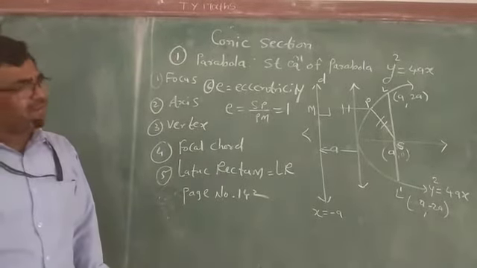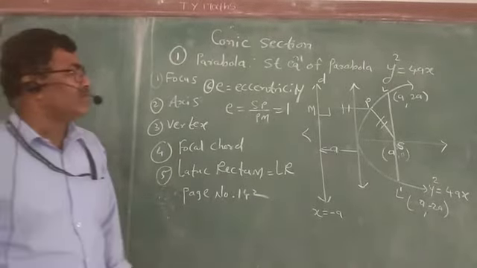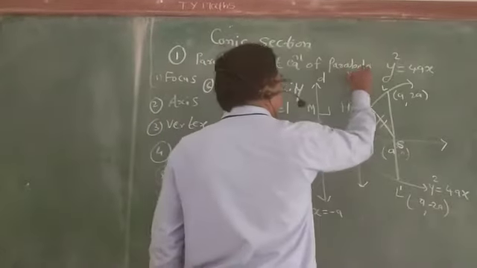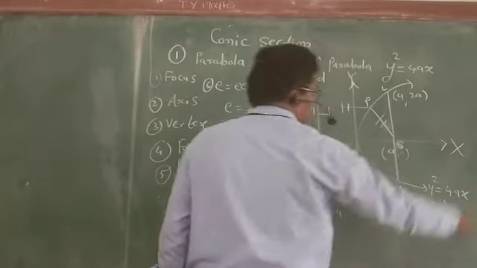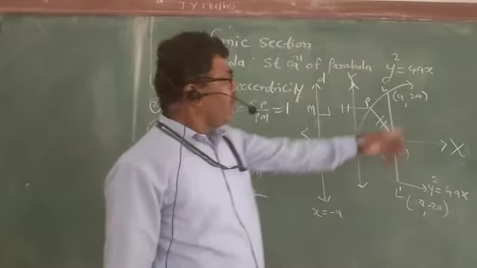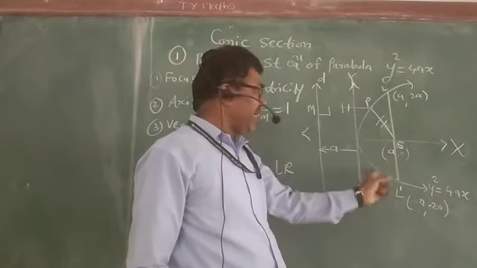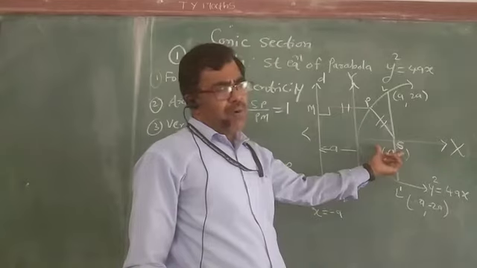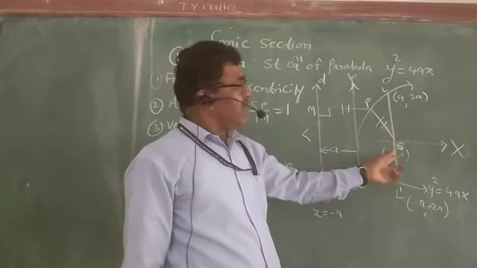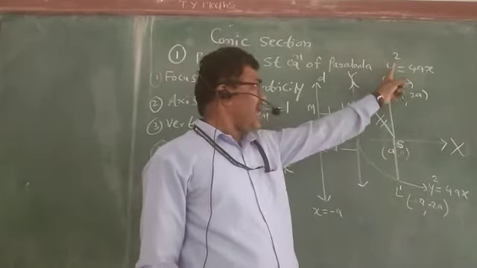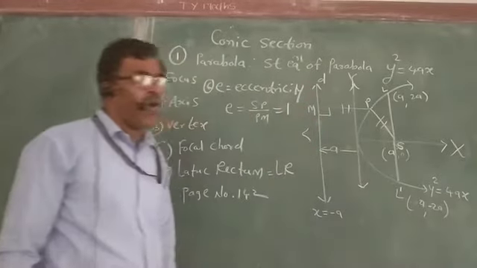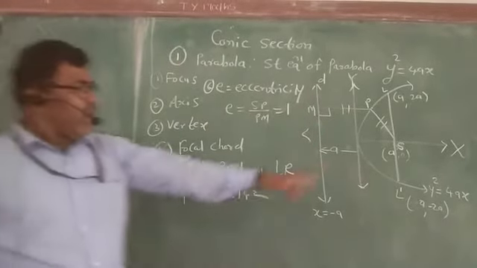See over here, conic, that is y-axis, x-axis. Parabola is symmetric about x-axis. That equation is known as y square equal to 4ax.